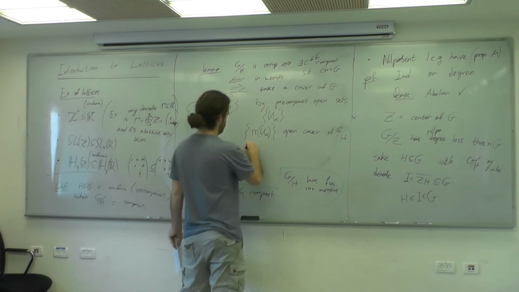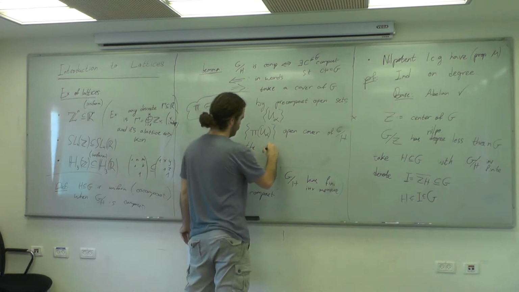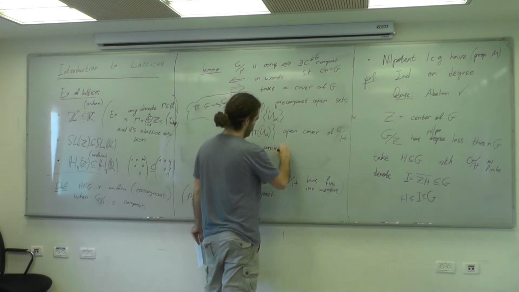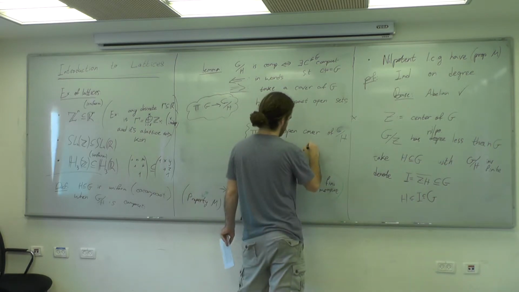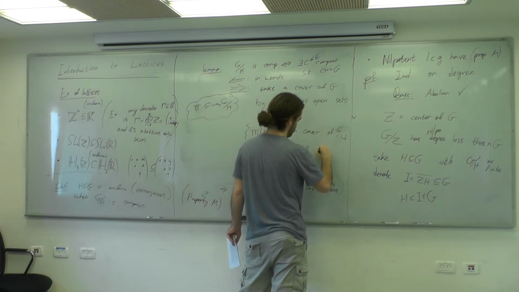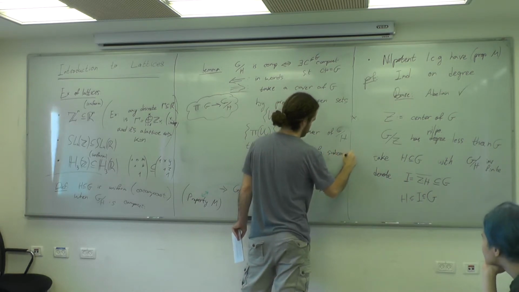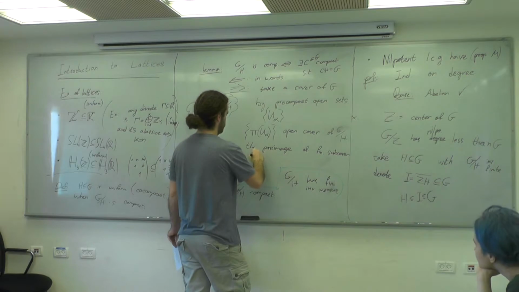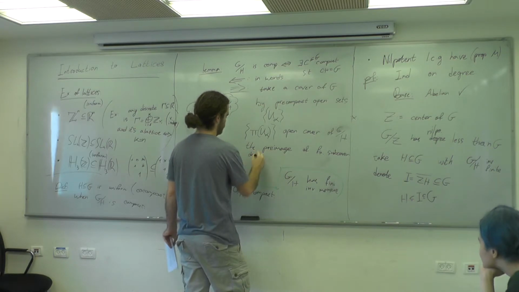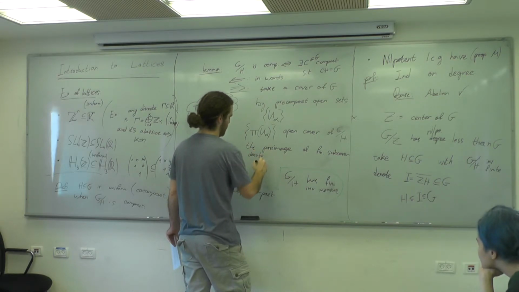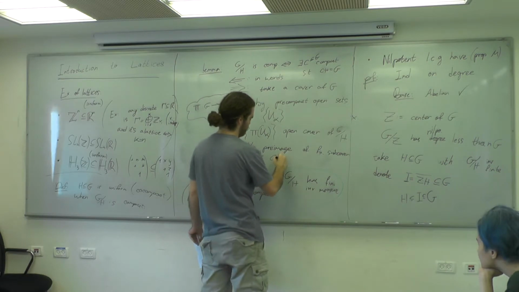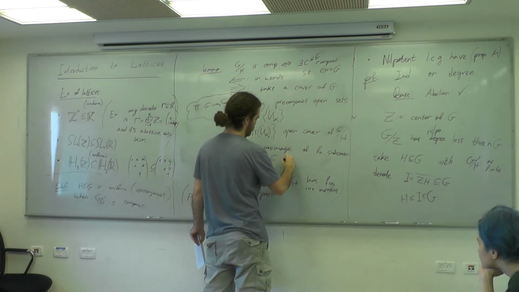So the pre-image of the finite subcover, denote C with its closure.